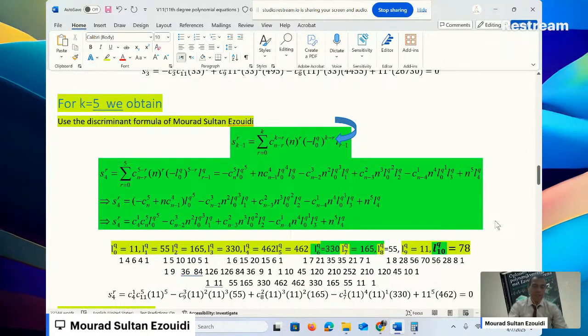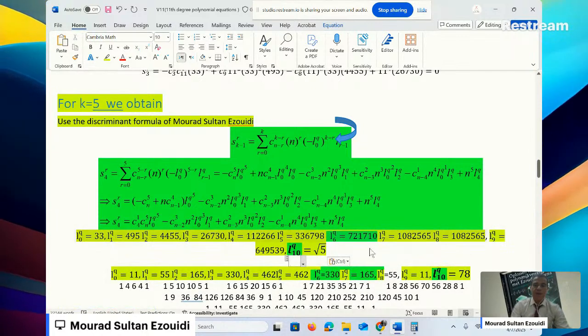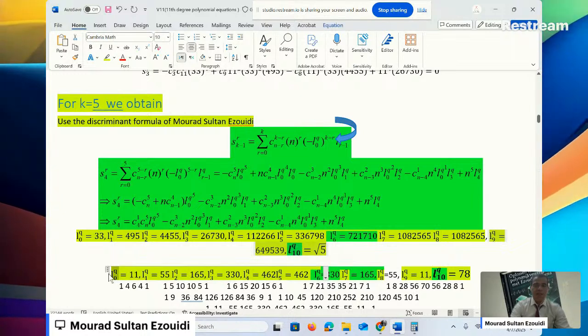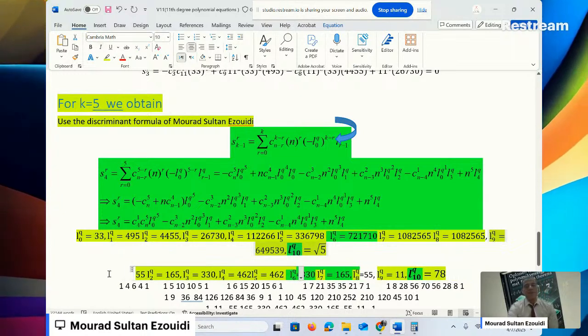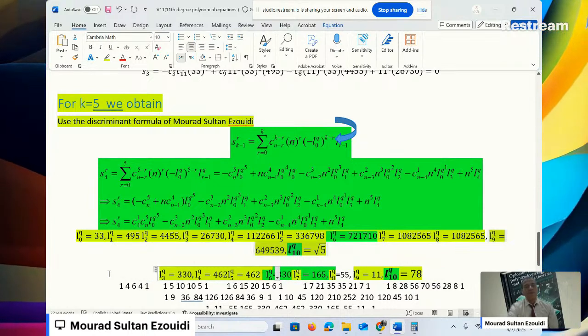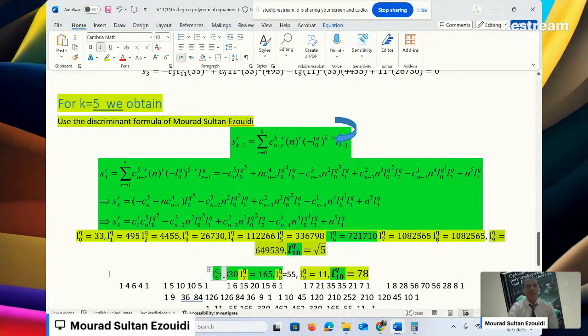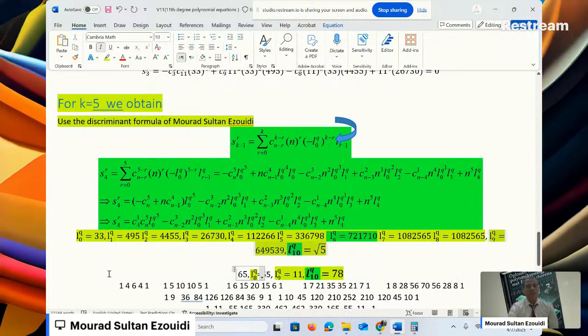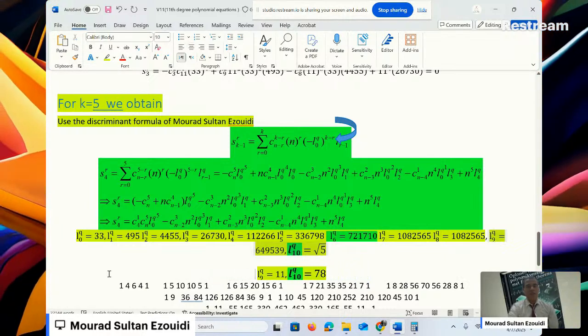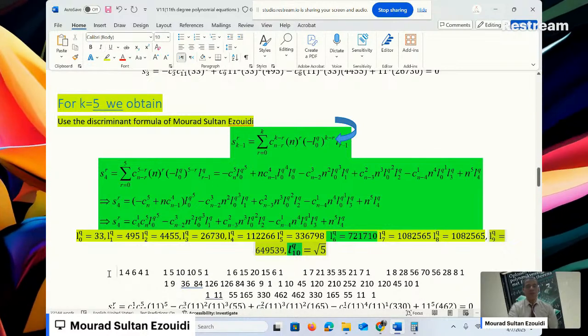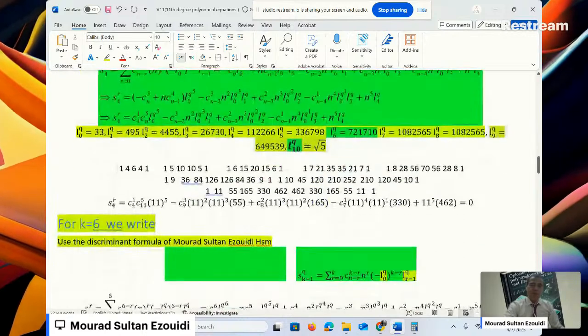I will erase all of this. Okay, we'll go step by step. Then we need to see how to implement this equation. It's not easy. Without using the theorem, you will be confused like this.